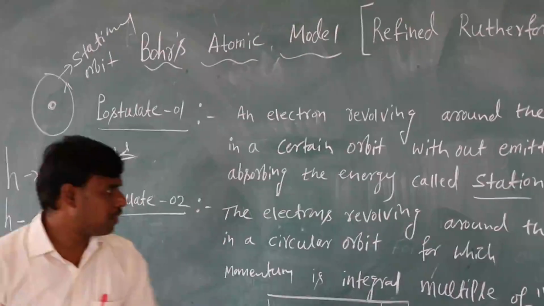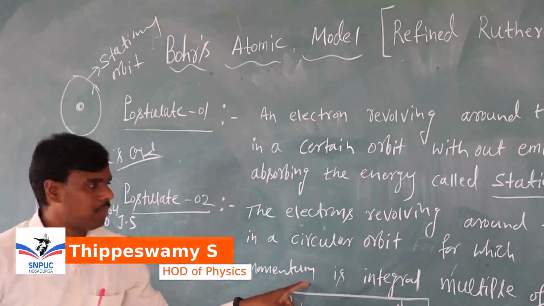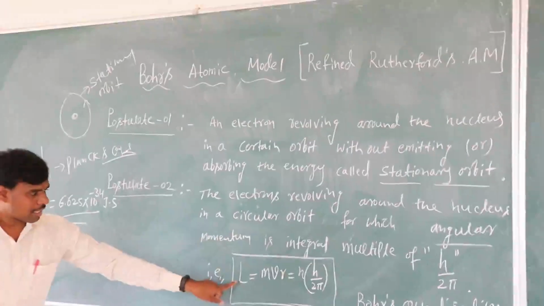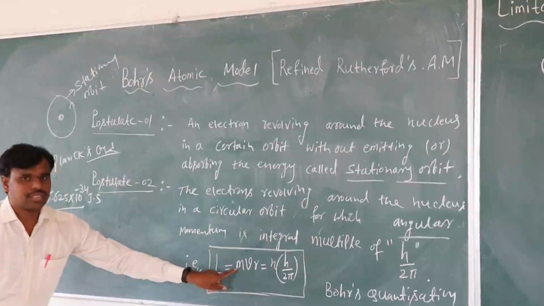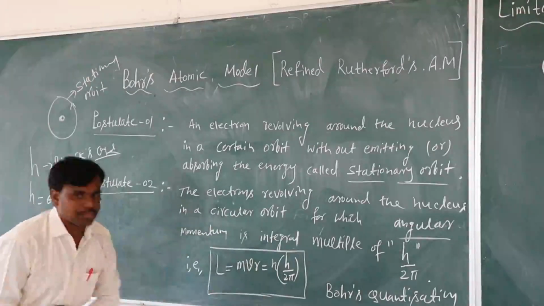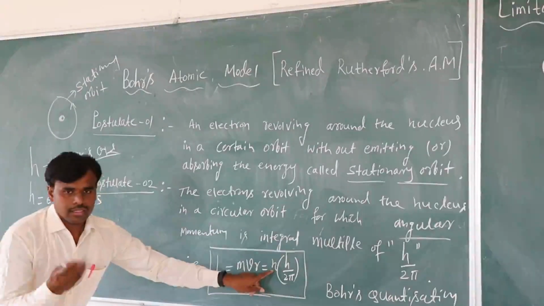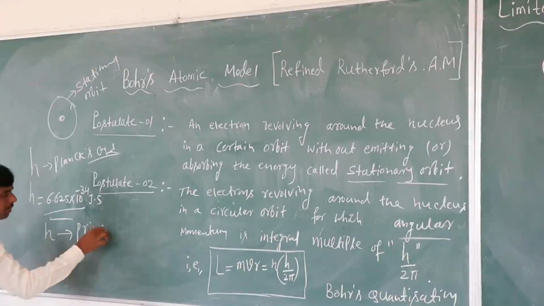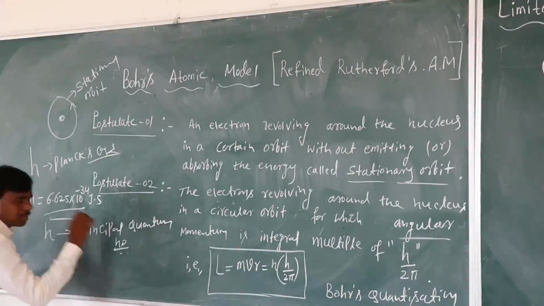The electron revolving around the nucleus in a circular orbit must have orbital angular momentum that is an integral multiple of h by 2 pi. That is, L is the angular momentum of the electron, equal to mvr, where m represents the mass of the electron, v represents the orbital velocity of the electron, and r represents the radius of the electron orbit, is equal to n h by 2 pi. Here n is the integral multiple, also called the principal quantum number.